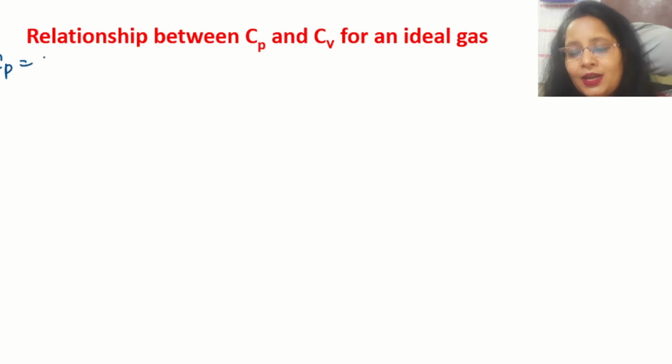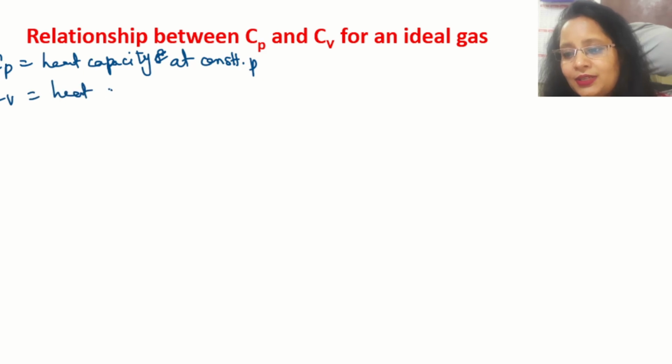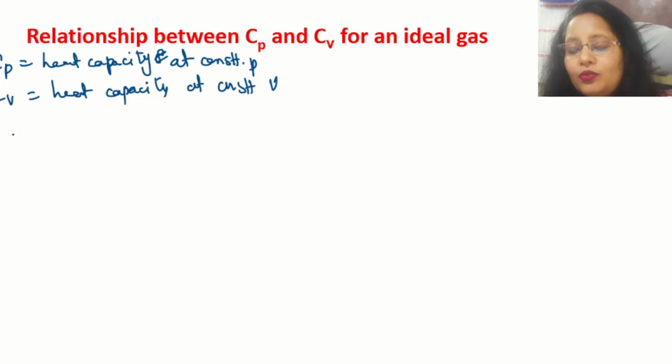Cp is the heat capacity at constant pressure, and Cv is the heat capacity at constant volume. Now for an ideal gas we are going to study.